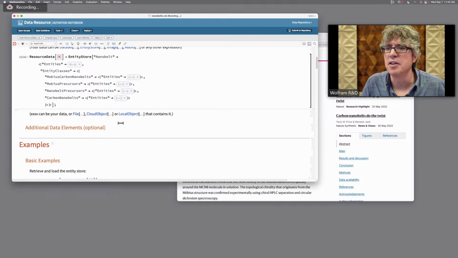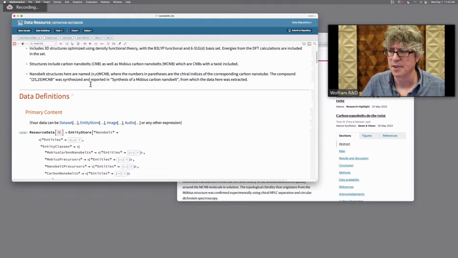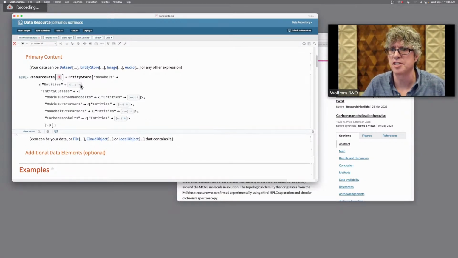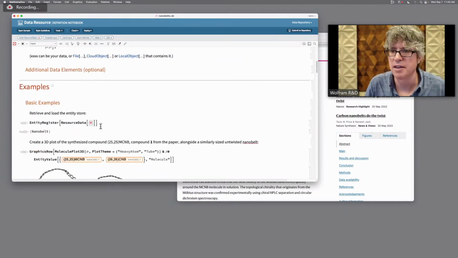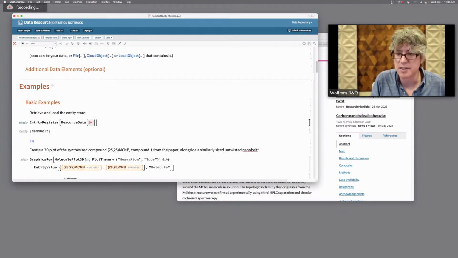What I did was import all of those XYZ files and the data that went along with them, and put it into a form that was ingestible as an entity store. Then you need to register that entity type. So we can do entity count, or entity list of nanobelt.